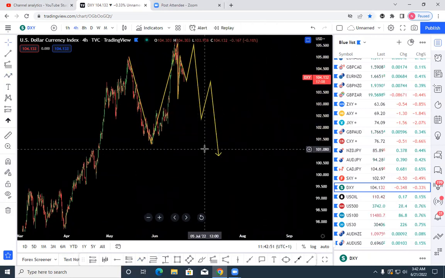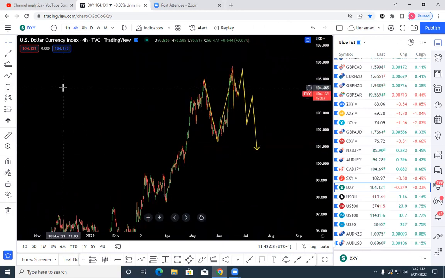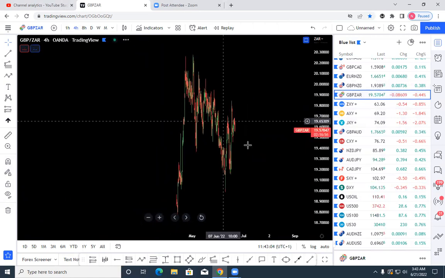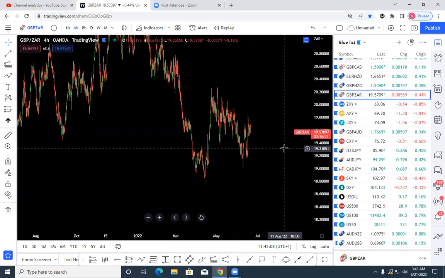When we get to this level, we will decide what to do about DXY. But if there's no major move on DXY, expect that the market is going to be quiet altogether. Is that okay now? So that is my setup for the week.